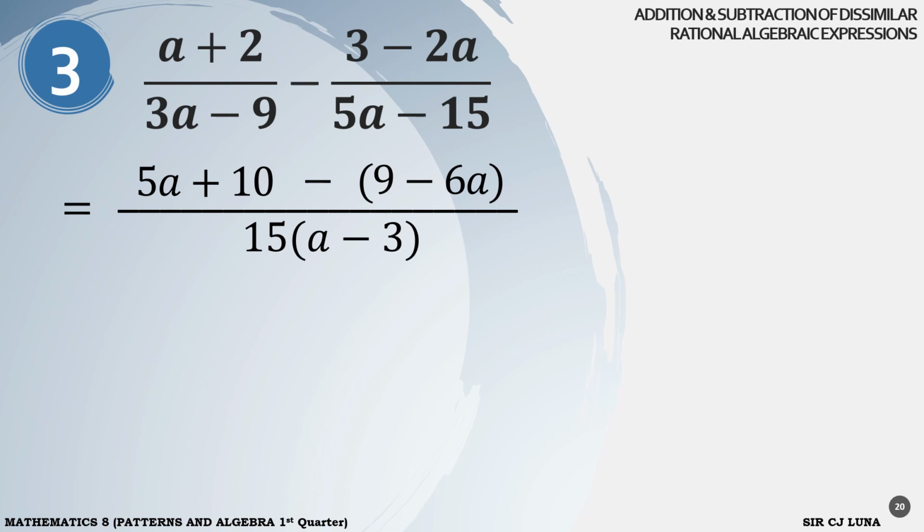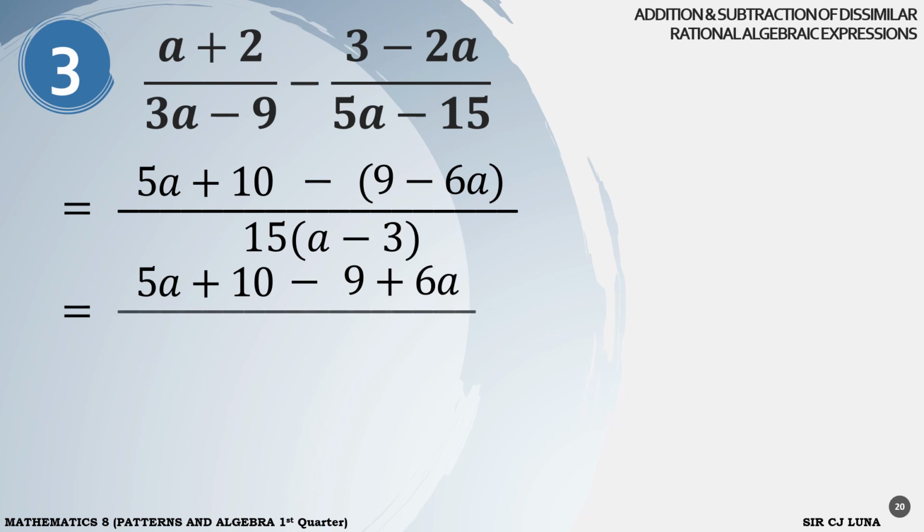Since this is subtraction, we will add the additive inverse of our subtrahend. Meaning, we will change the sign of our subtrahend and then proceed to addition. So yung ating 9 minus 6a ay magiging negative 9 plus 6a. All over our LCD, 15, quantity a minus 3.